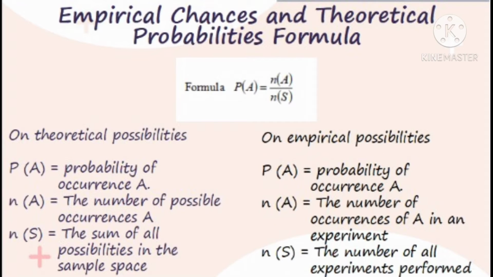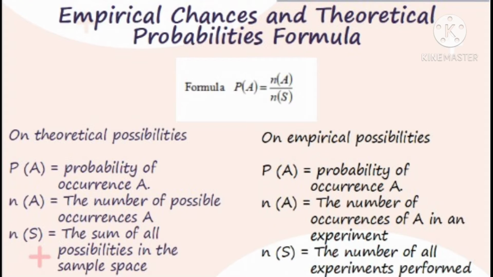Empirical and theoretical probabilities formula. The formula is P(A) equals N(A) divided by N(S). In theoretical probability, P(A) equals the probability of occurrence of A, N(A) equals the number of possible occurrences of A, and N(S) equals the sum of all possibilities in the sample space.